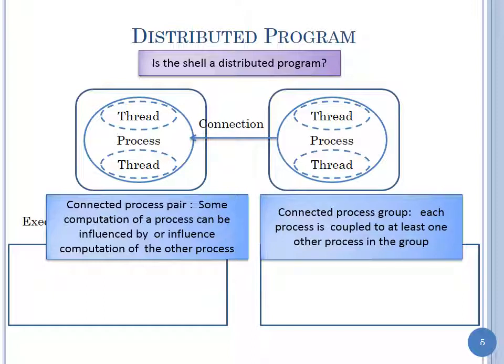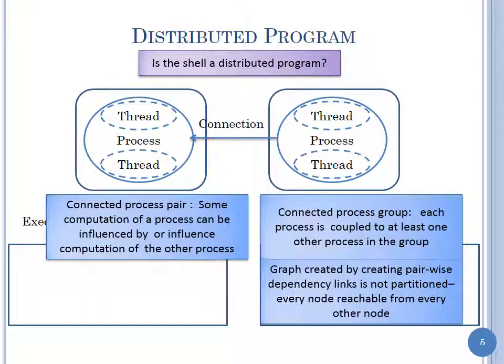Basically, what I said earlier, that every process should depend on every other process or be dependent on, directly or indirectly. So basically, this is the definition. We're creating pairwise dependency links, not partitioned: every node reachable from every other node. That's kind of the definition we'll go by.